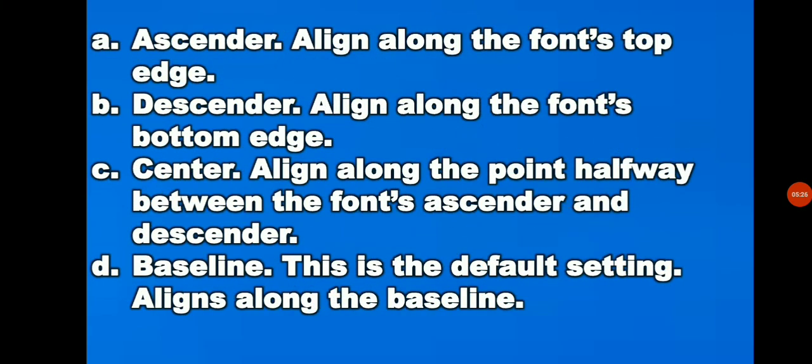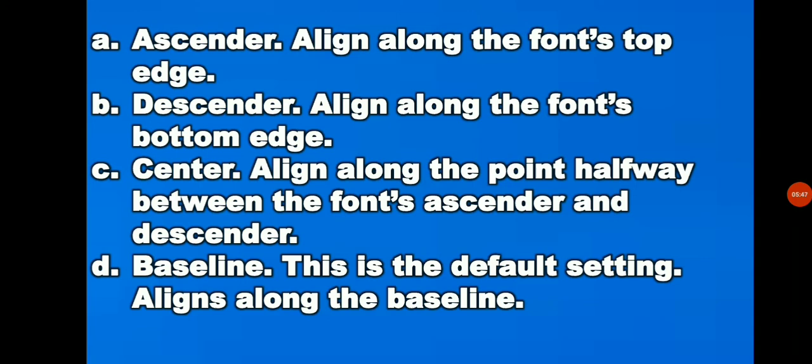Next is adjusting the vertical alignment of type on the path. Follow these steps. One, select a type object. Then choose Type, Type on a Path Options. Align to Path specifies how to align the characters to the path relative to the font's total height.